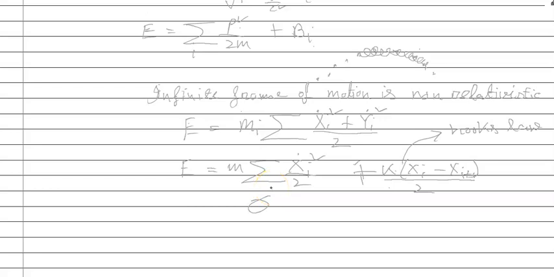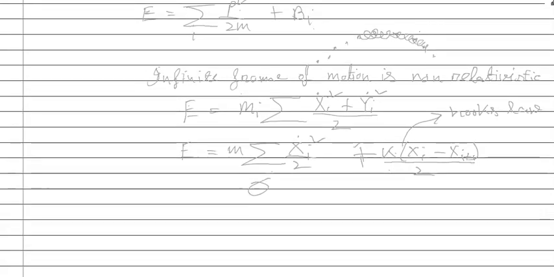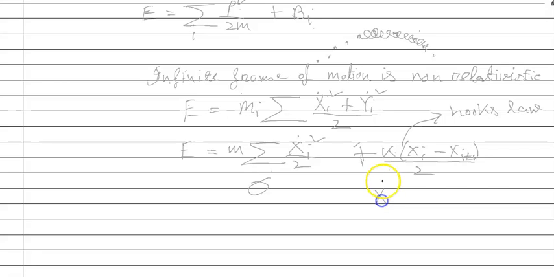We take this velocity, and I have chosen the masses to go in an appropriate way, dropping the mass here. By the time you finish, you can absorb the mass into something. x dot squared is the kinetic energy.